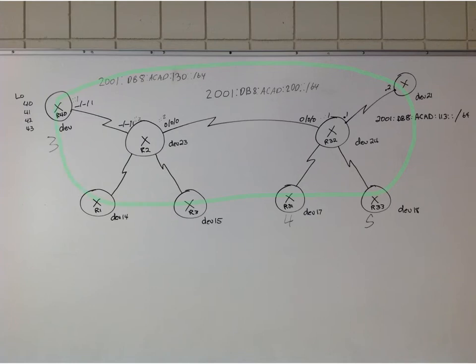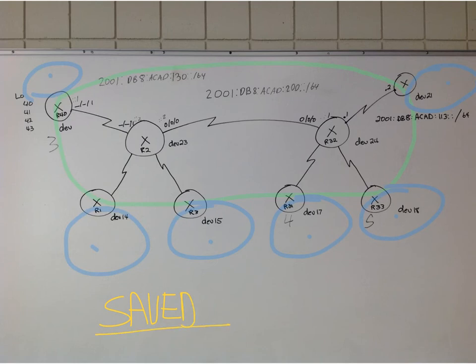So we had area 0, everybody in area 0, and then each of these developed their own area. Okay, and so those were all numbered separately. And the students should have saved the configs, and I will leave these configs so we can look at this after Thanksgiving.